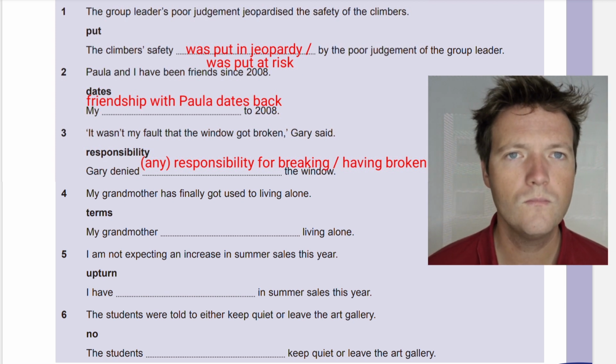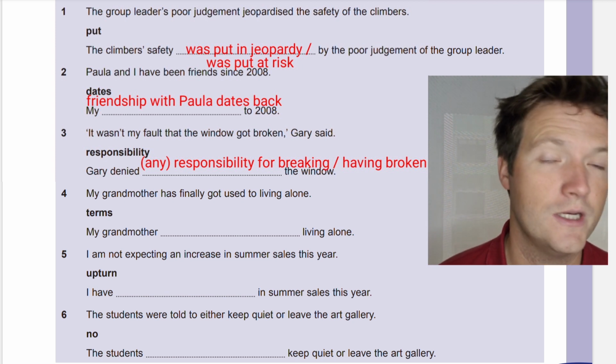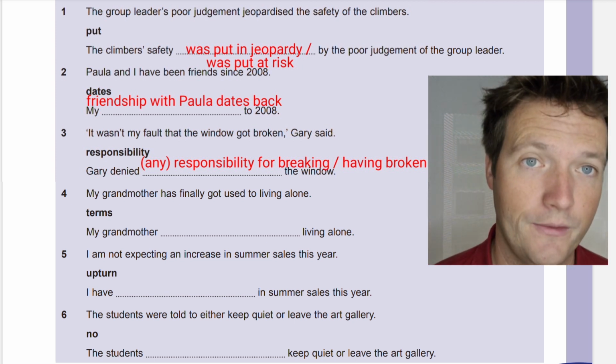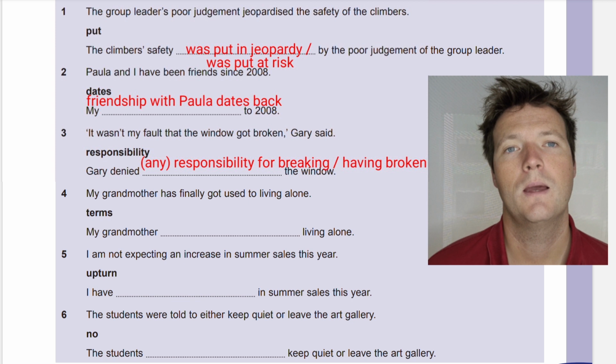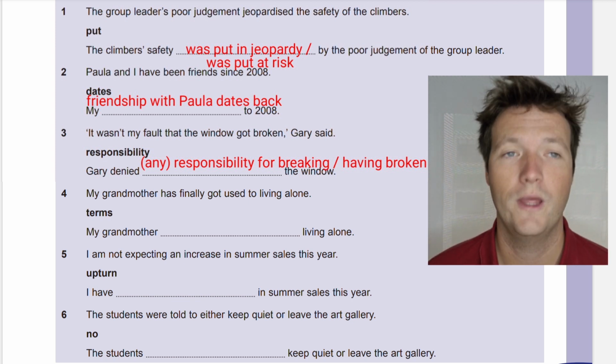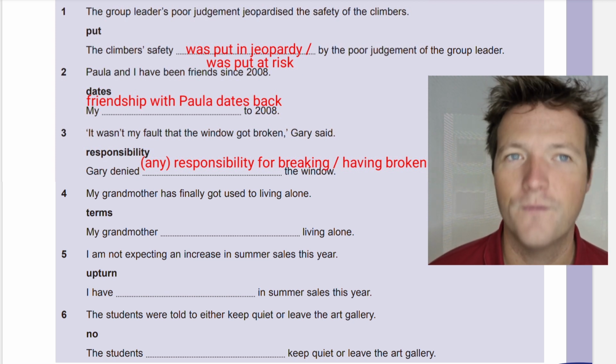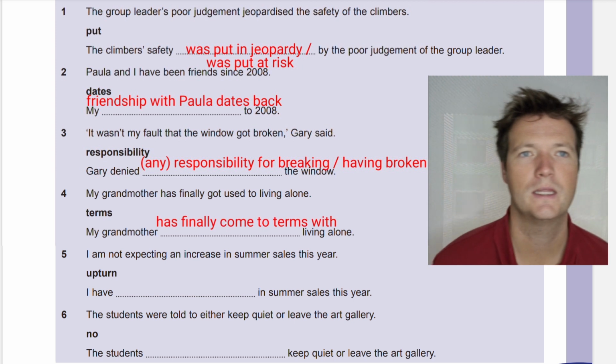So getting used to something, we have an expression which is to come to terms with, right? So my grandmother has come to terms with, or has finally come to terms with living alone.